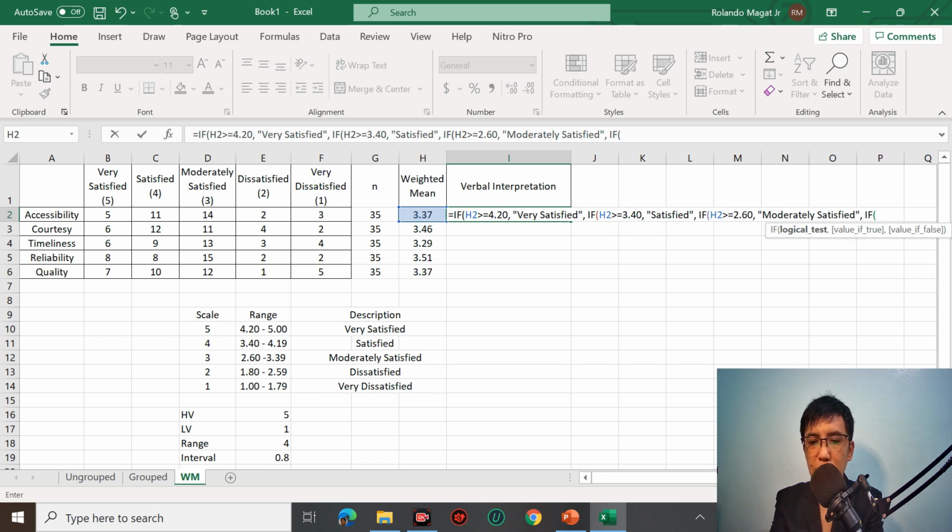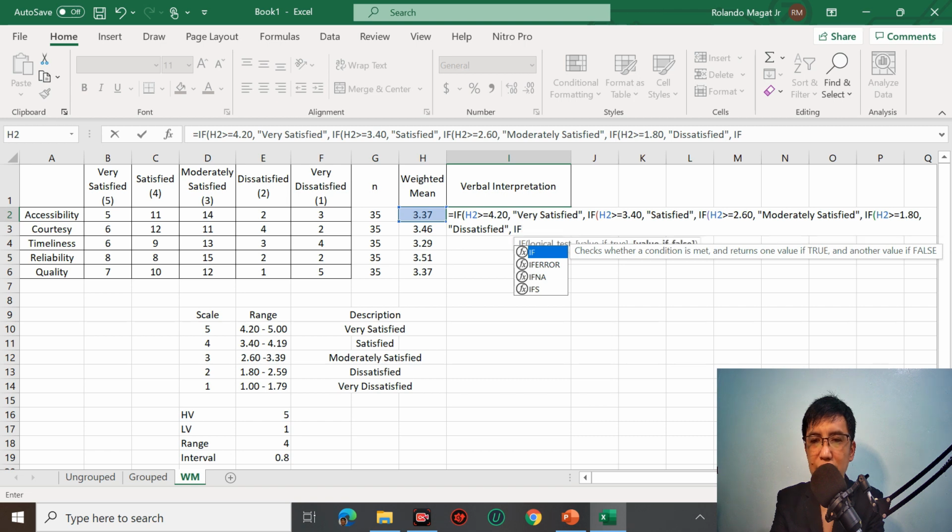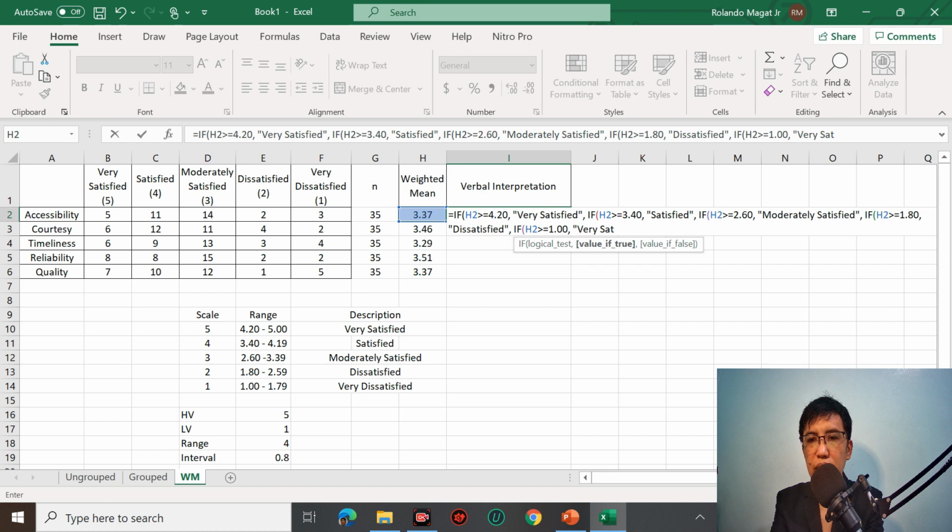So that's H2 is greater than or equal to 1.80. If it's true, then it is dissatisfied. Okay? Then, IF ulit, finally, last na to, H2 is greater than or equal to 1 na tayo, 1.00. If it's true, then we are very dissatisfied.